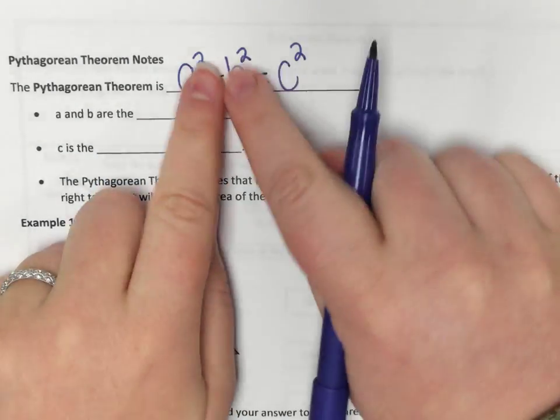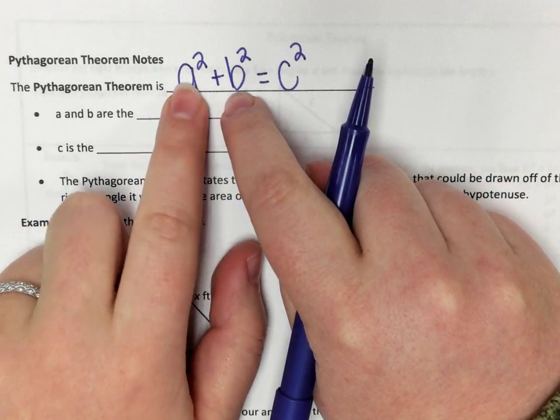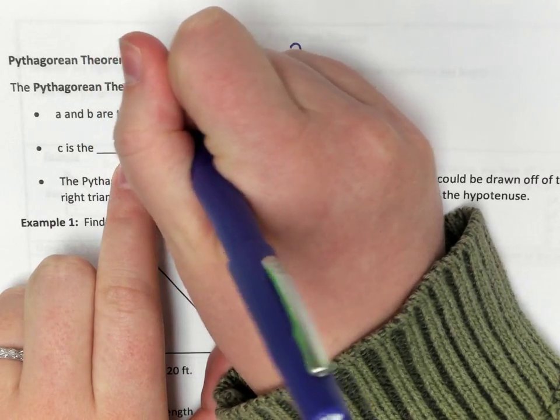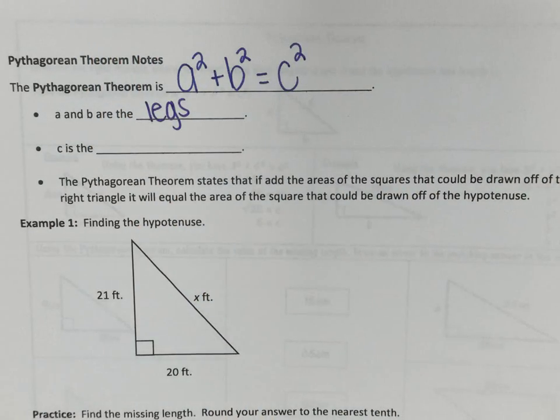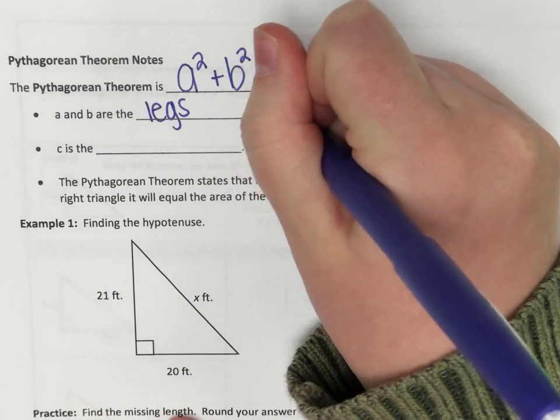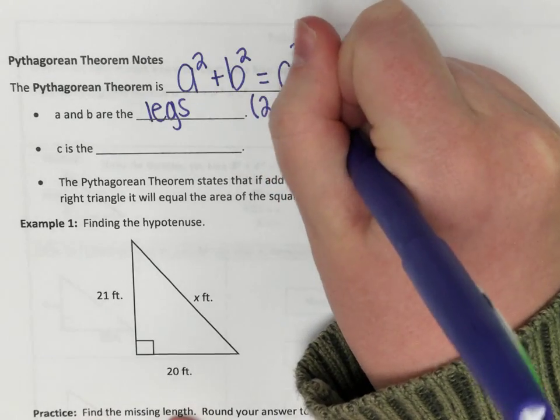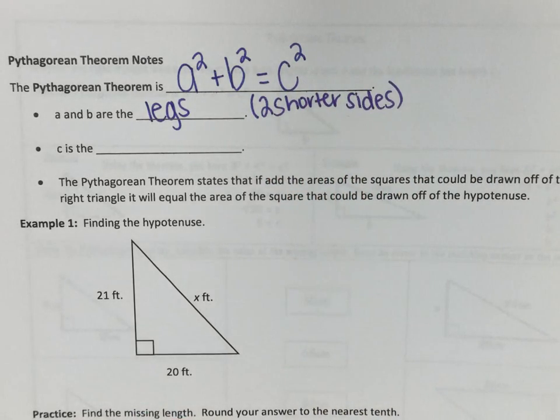Okay? Now, A and B, what part of the right triangle do they have to be? Legs. The legs, because they have to be the two smaller sides. Okay? Because they have to be the two smaller squares. Remember, legs are the two shorter sides. And where do these two shorter sides meet at?